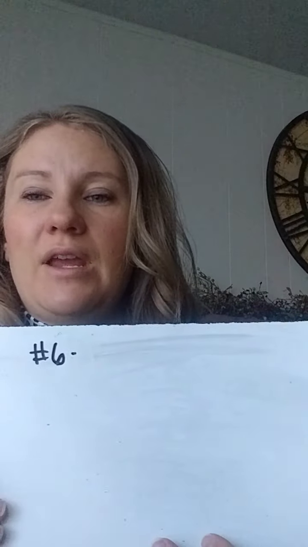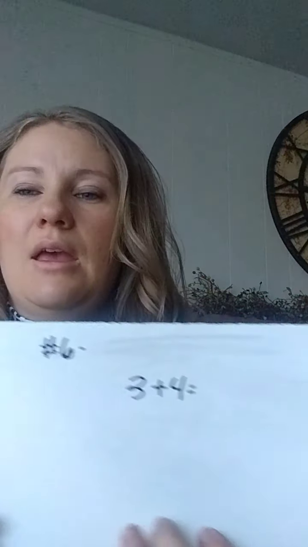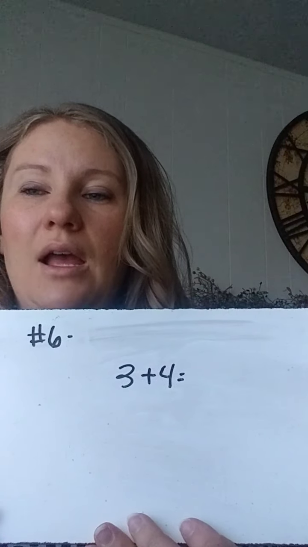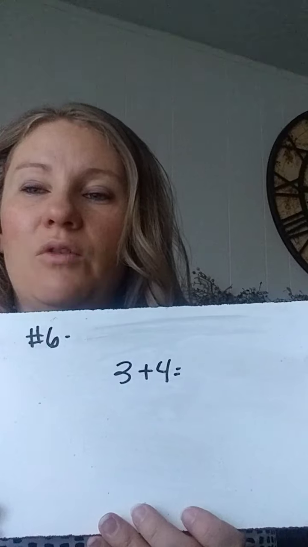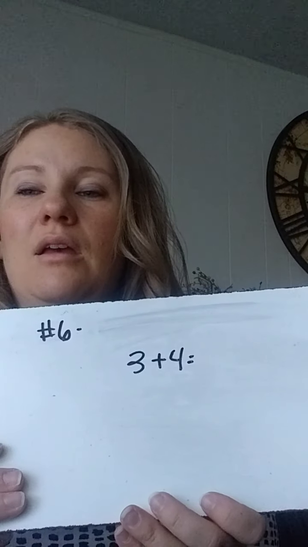When the sum of 3 and 4 is subtracted from the product of 3 and 4. So the sum, we're going to go 3 plus 4. If we're doing a product, that's a multiplication, so 3 times 4. And it wants to know the difference between these two.